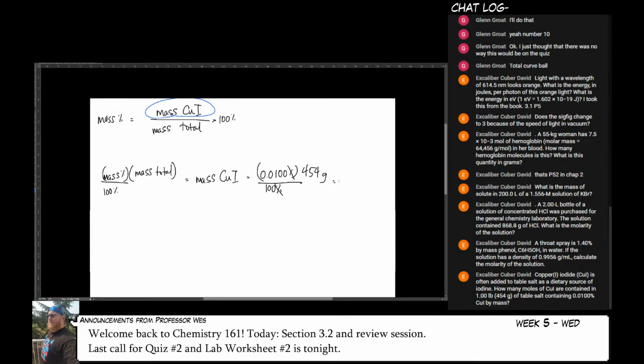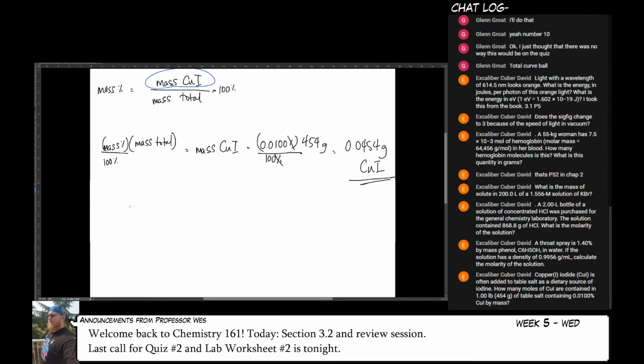So that will be some teeny tiny number. 0.01 times 454 over 100. That's times 100. Divide by 100. There we go. All right, there's my mass. I ran out of space, otherwise I would just continue the calculation there.